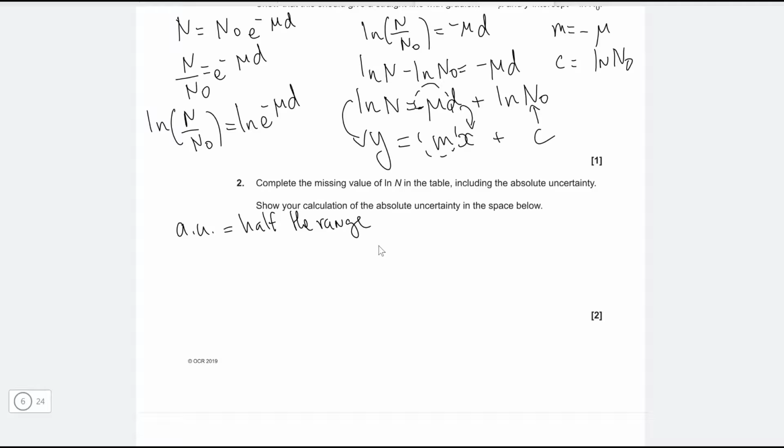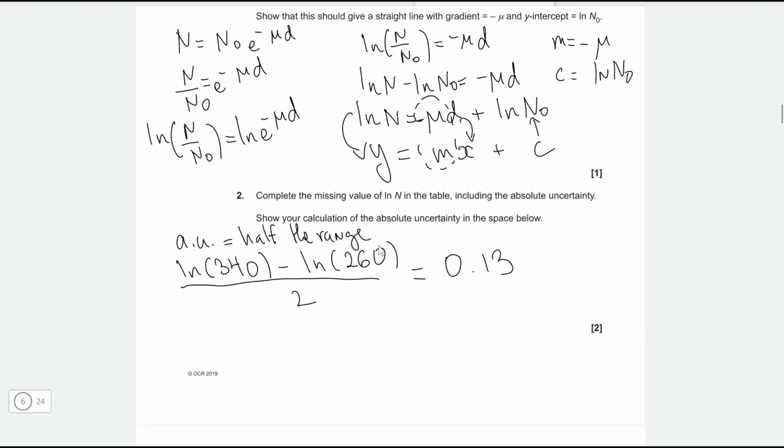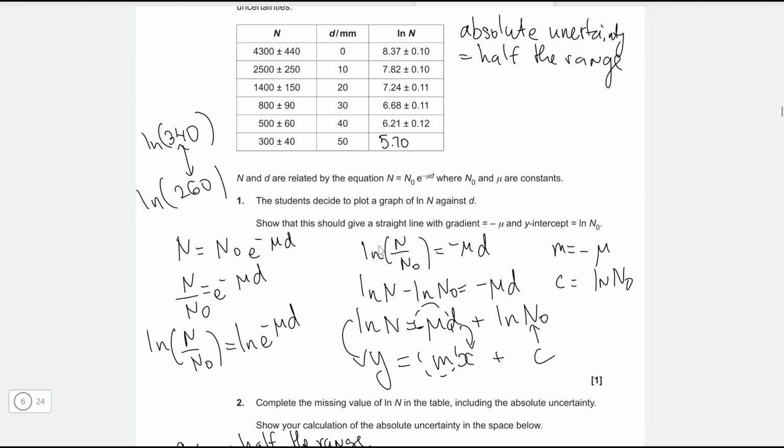So this would mean that our absolute uncertainty is ln of 340, at the top of our range, take away the natural log of 260. Then we're going to divide by 2, and this will be approximately equal to 0.13 up to 2 significant figures. So we can write this down here as plus or minus 0.13.